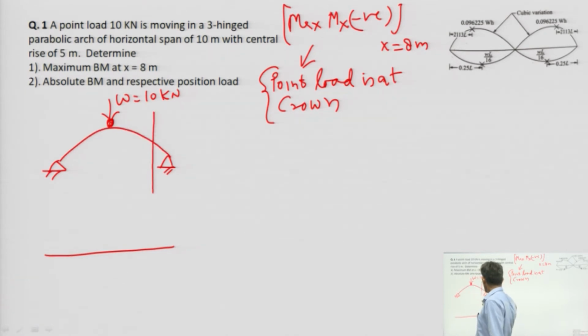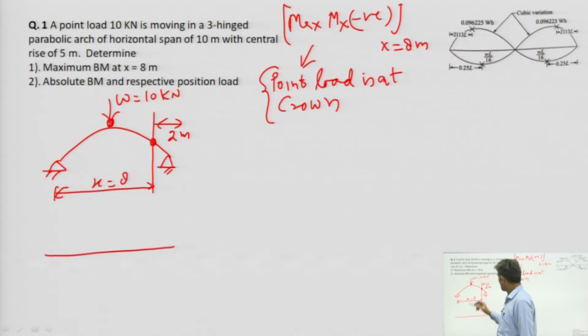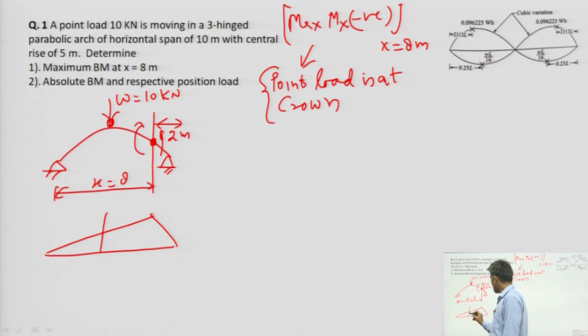So, this is at x is equal to 8. So, it is 2 meter, right. So, put the load here and calculate the value of M at here, okay. This is the actual process. That can also be calculated with the use of IL.